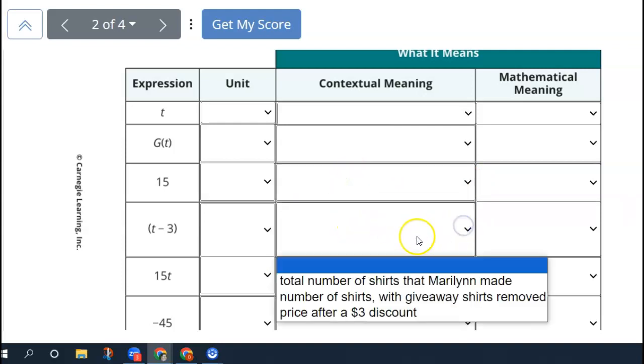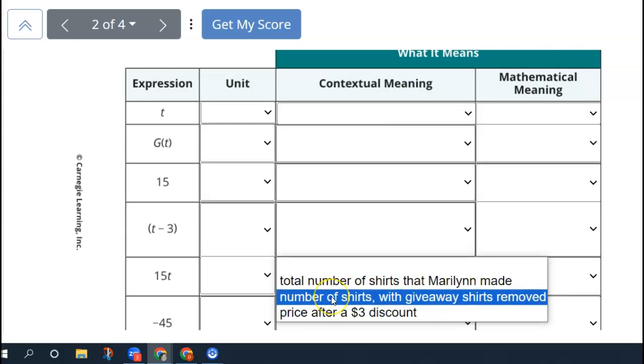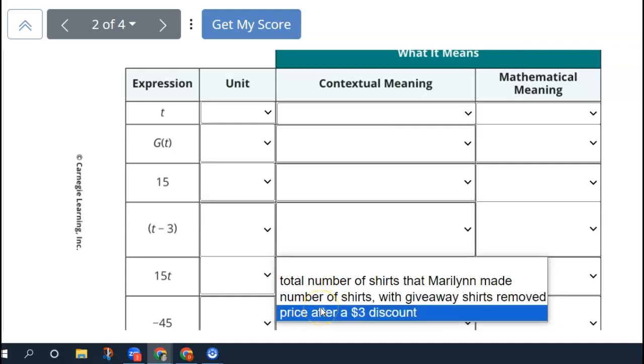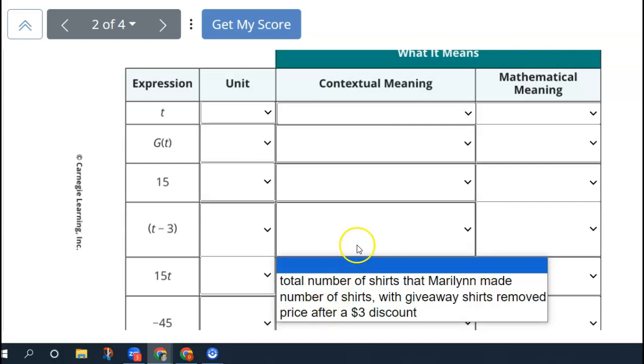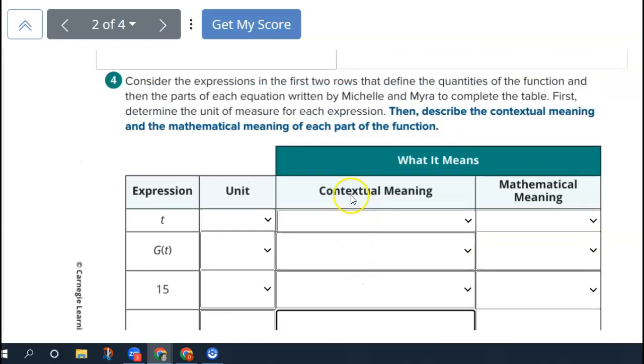Same with the t minus 3. Is it the total number of shirts that Marilyn has to sell or that she possesses? What is it, the number of shirts with the giveaway shirts taken away? Or is it the price after a $3 discount? So you decide what each of these things means in the situation or in the context.